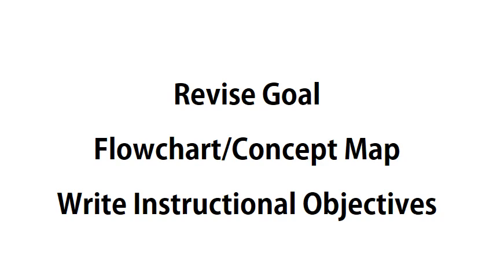And if it's circular or cyclical or a process, step 1, step 2, step 3, then that's the way it needs to be depicted. Once you have done all of that, then it becomes pretty easy to look at that and begin to identify what the goals and objectives are that need to be learned in order to learn the content that is depicted in the concept map and within the goal.